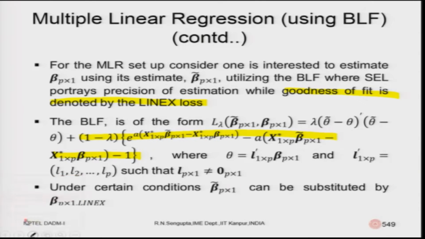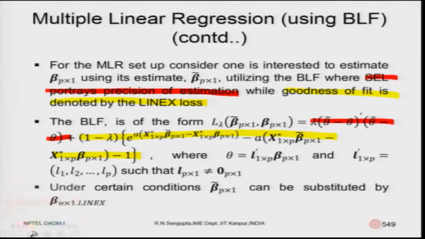And the concept of squared error loss being used for precision of estimation would be denoted here, where precision of estimation is basically related to finding the best estimate for theta, which is a function of beta, because beta is being multiplied by L. So, obviously, it is a linear combination of beta.